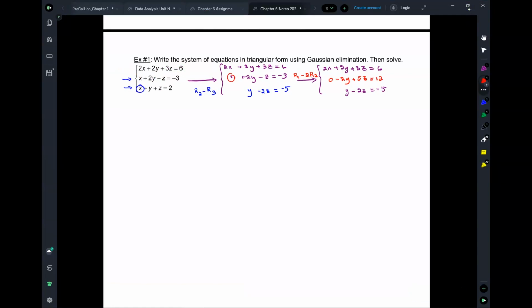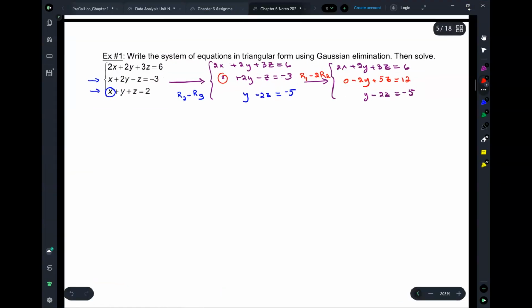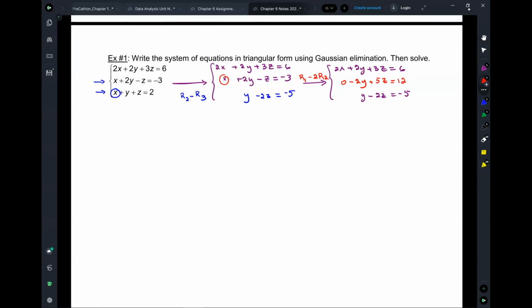Does it get more complicated than this? Are there ever going to be 4? No, never 4. There can be 4, but we're not going to do them with 4. In the beginning, because it's new, it might feel uncomfortable.